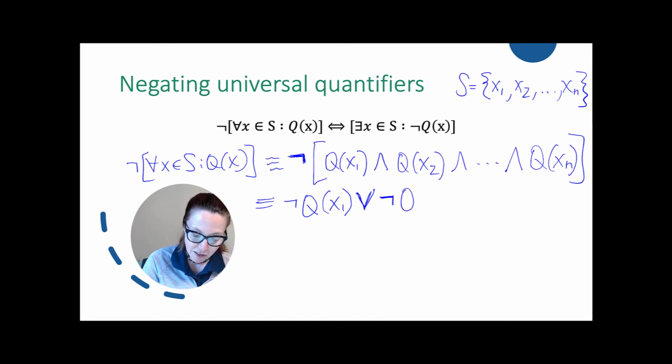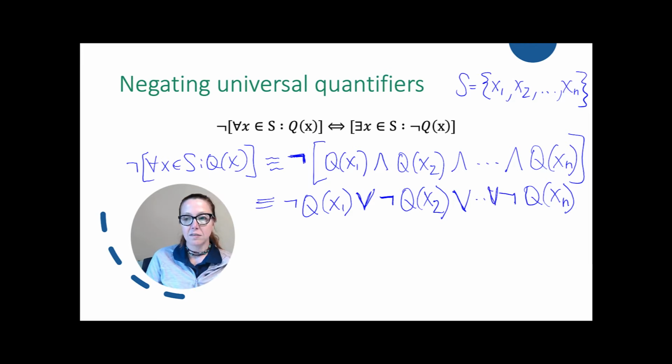The negative of q of x2, or the negative of q of xn, all with that or between, using disjunction.